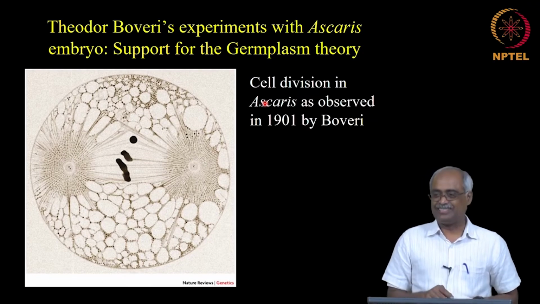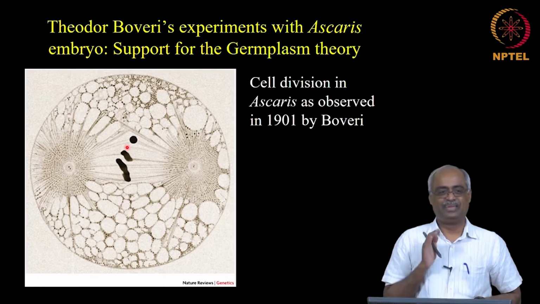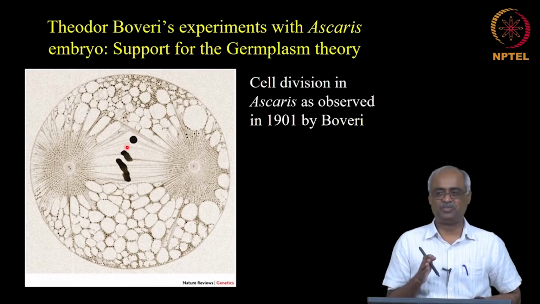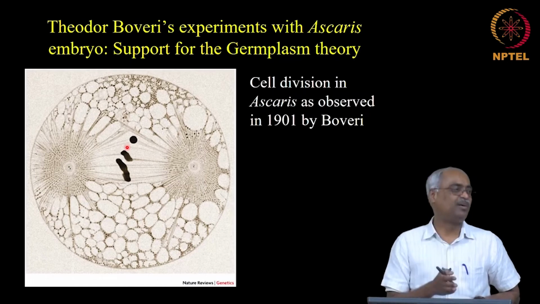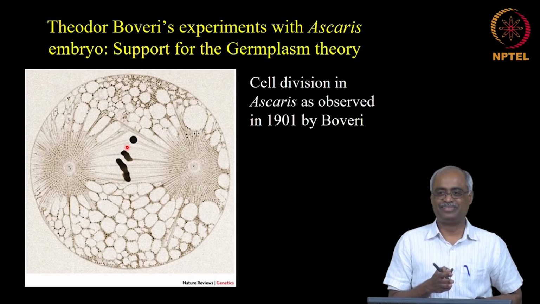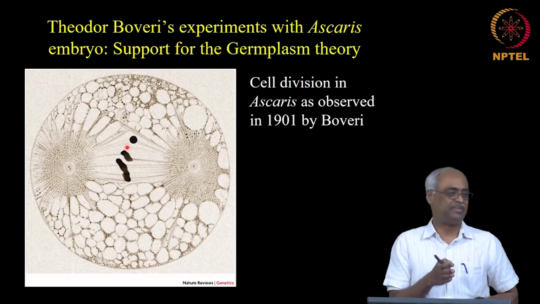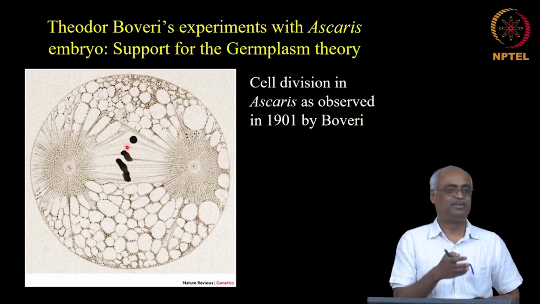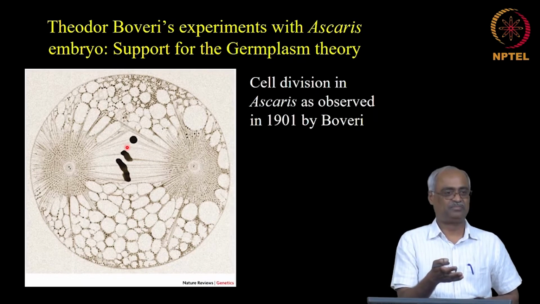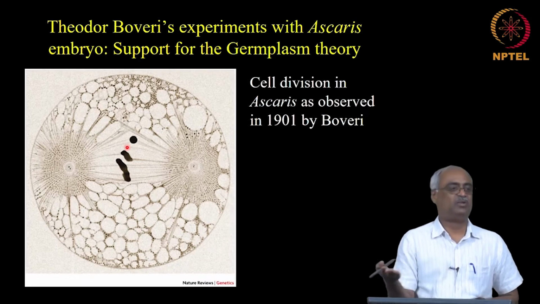The reason he chose this is it has only 2 chromosomes. Again you see this: for addressing specific biological questions you need to have knowledge of organisms. Only then will you know which organism is suitable to address a specific question, without which you would just not be able to answer.